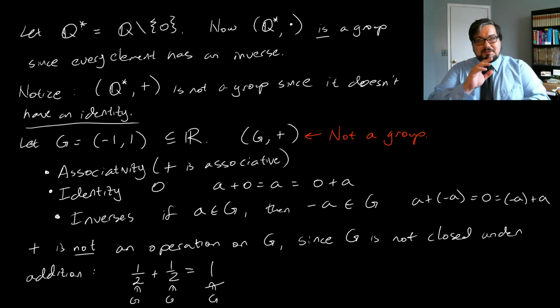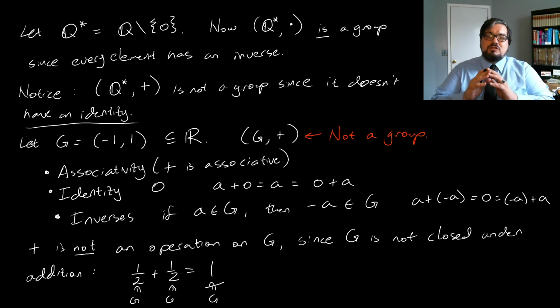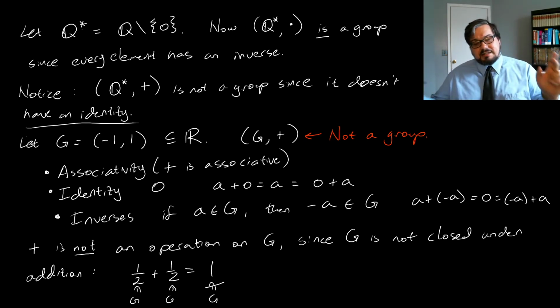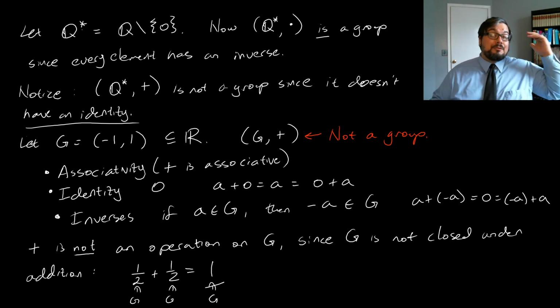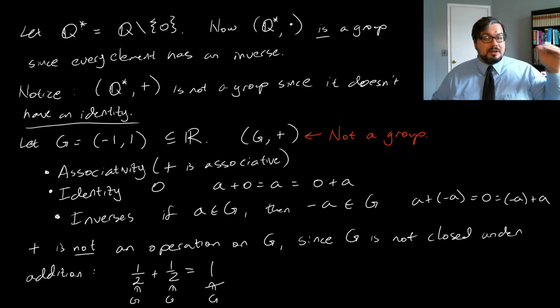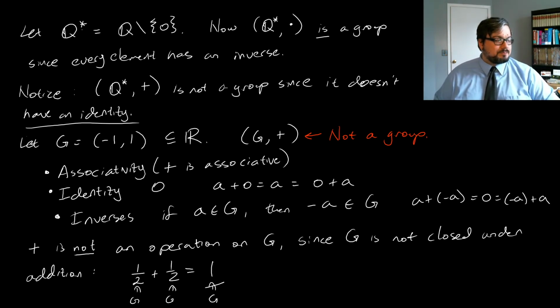And this is where we have to be careful, because if we just looked at associativity, identity, and inverses and forgot about the first part of the definition of group involving an operation, we would be tempted to conclude that this G with addition is a group, and it's not. So we've got to be careful with that.